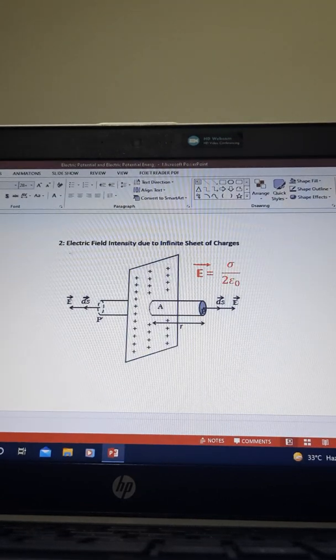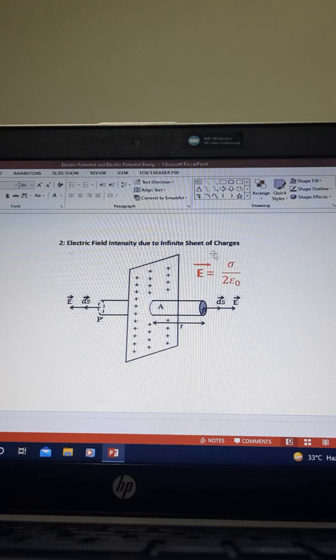Then we calculated the electric field intensity due to an infinite sheet of charges. The system was basically an open one, but as we know that Gauss's law is valid only for closed systems, what you did in this case was to modify the open distribution of the charges into a closed cylindrical shape like this, and then you calculated the electric field for that cylindrical Gaussian system, which comes out to be sigma by 2 epsilon naught.